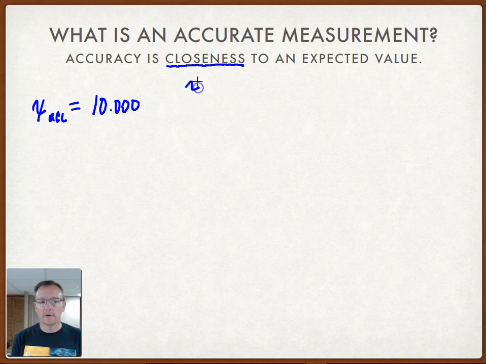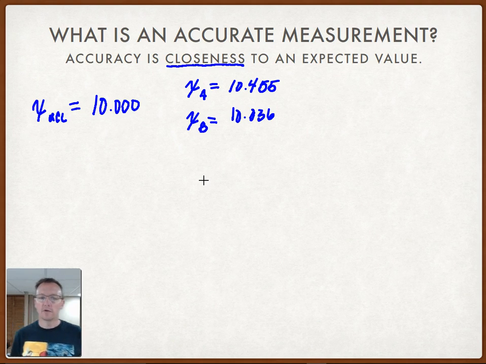Let's say team A finds that the value for this x in their experiments is 10.455. And then there's team B that finds that the value that they got is 10.036.